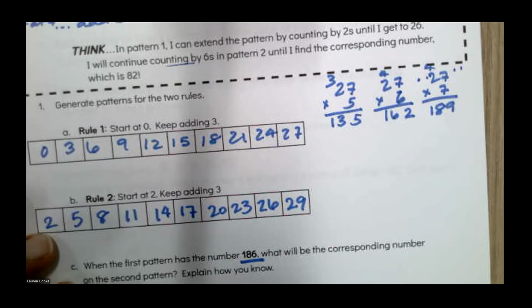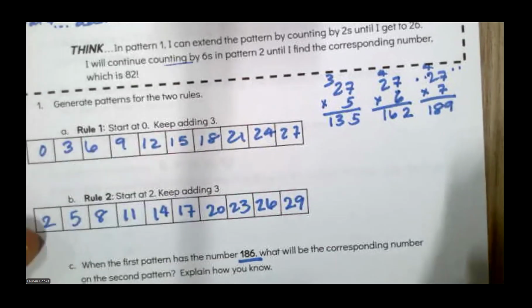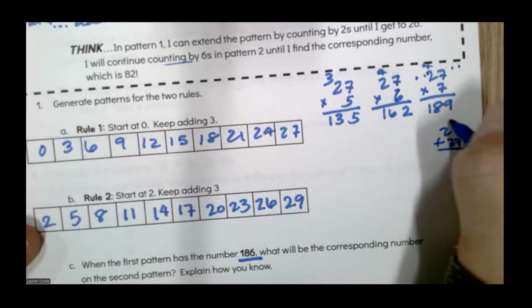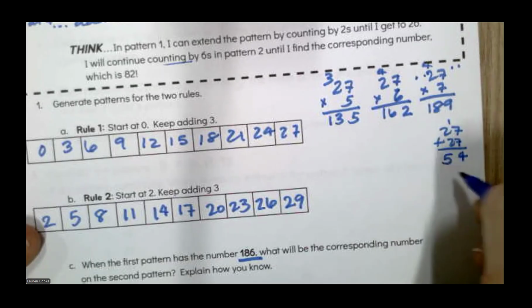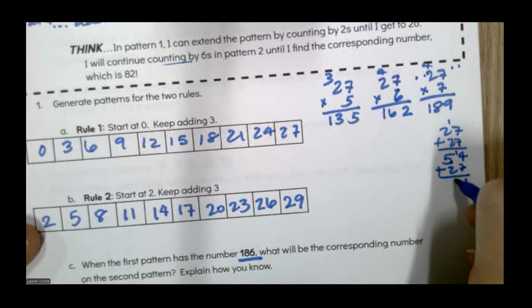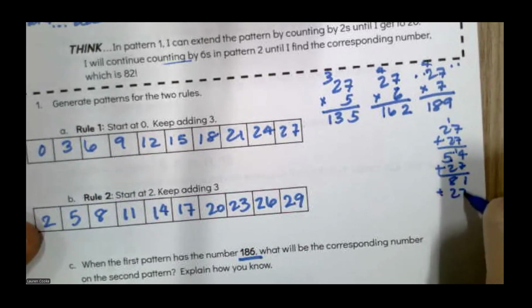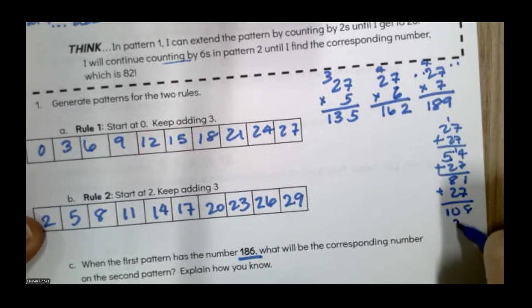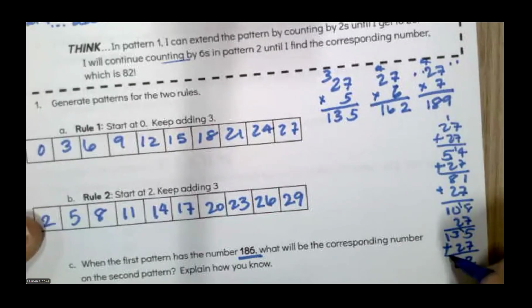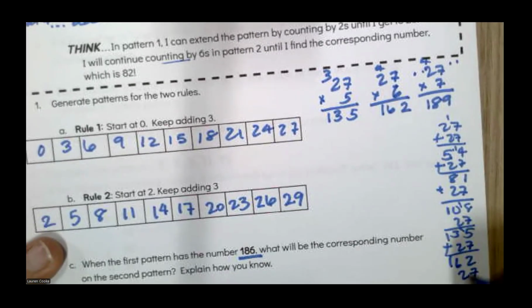First pattern has the number 186. All right, let's see. 27 times 6 is 162.